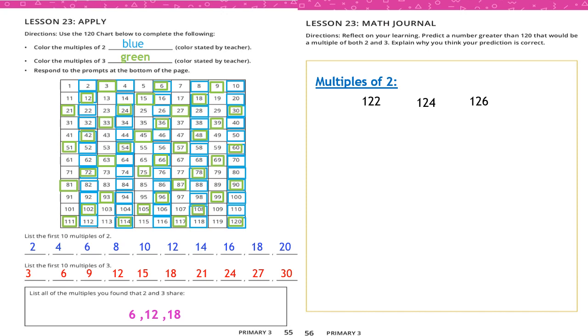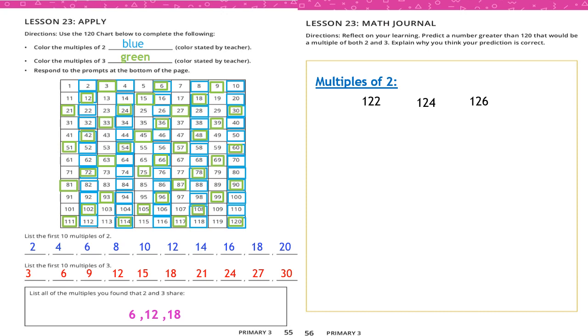No. So 122 is not shared between multiples of 2 and multiples of 3. 124, it's a multiple of 2. Let's add its digits. 1 plus 2, 3. 3 plus 4, 7. Does 7 exist in products of table 3? No. So 124 is not a multiple of 3.